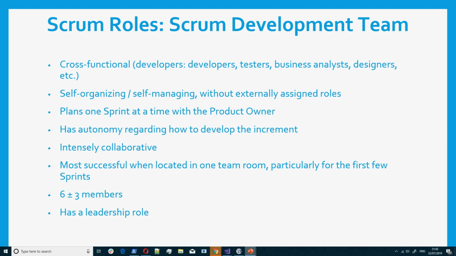So I'll tell you what these roles actually are in the development team. You have the Scrum Master, you have the product owner, and then the rest are basically the developers. Also, like I said, Scrum is self-organizing and self-managing. There's no manager in Scrum. The only thing you have is a leadership role.